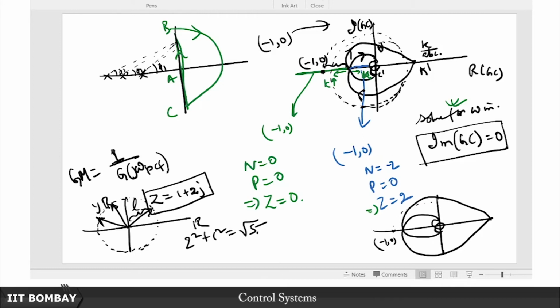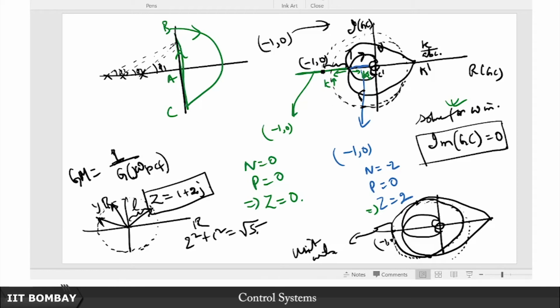So let me draw a unit circle. Of course it does not look like a circle, it probably looks more like an oblong shaped object, but this is the unit circle. I am claiming that this is the unit circle. There might be multiple points where this unit circle cuts the Nyquist plot in general, but here let us say the Nyquist plot cuts this unit circle over here.